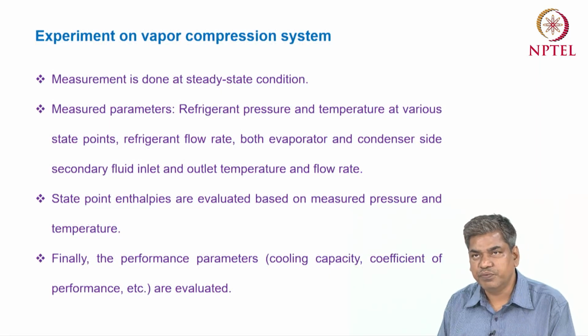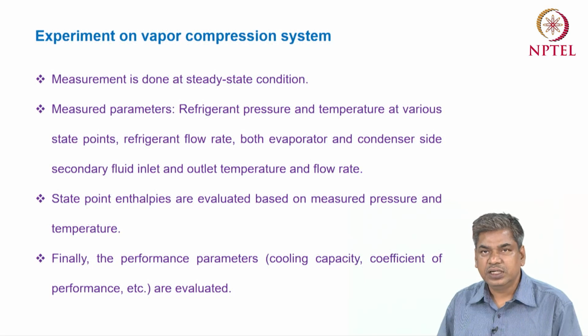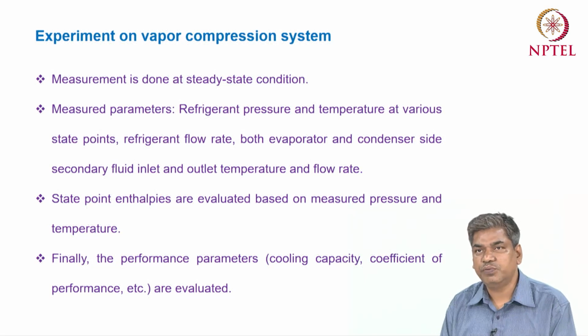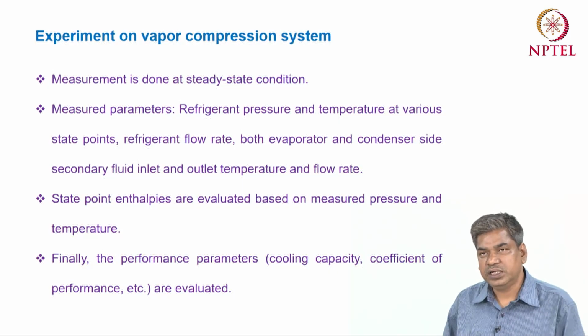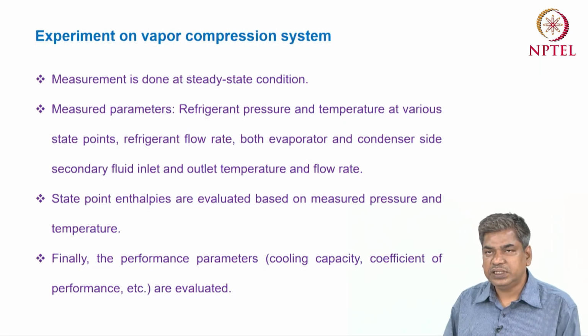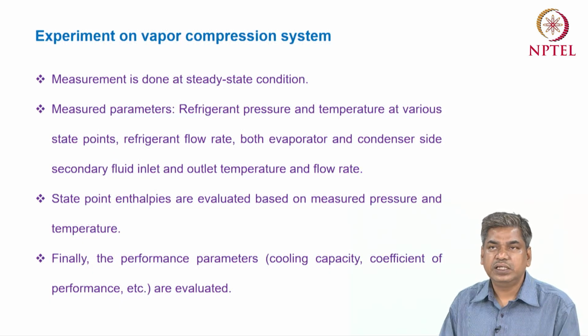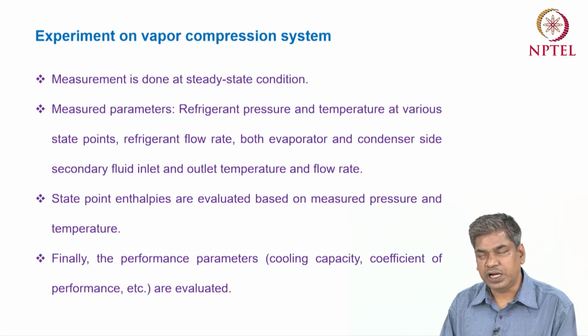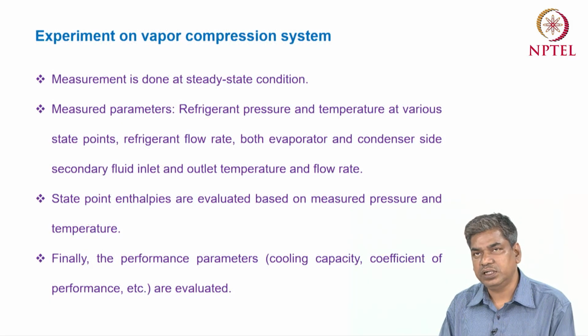We also have to measure the secondary fluid inlet temperature, the flow rate of the secondary fluid, and the outlet of the secondary fluid. So pressure, temperature and flow rate are some important parameters which we have to measure in an experimental study of a vapor compression refrigeration system.